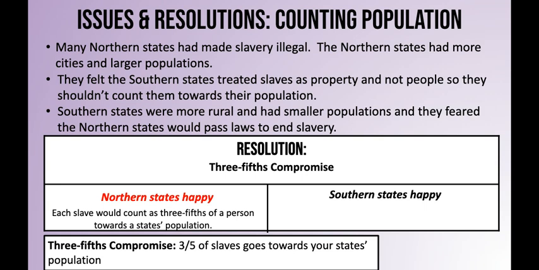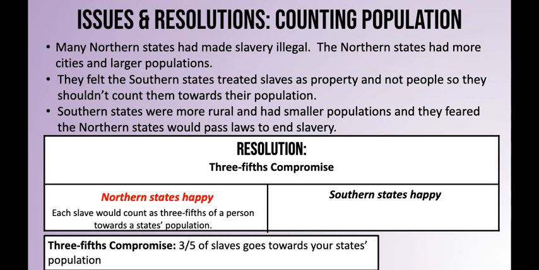So, how did they fix this? They resolved this with the 3/5 compromise. That means that 3/5 of the slaves goes towards your state's population. So for every 5 slaves, they would add 3 to the population count of their state.